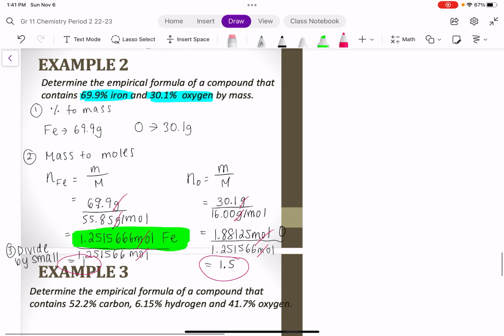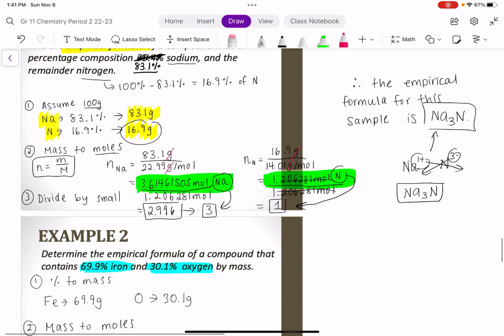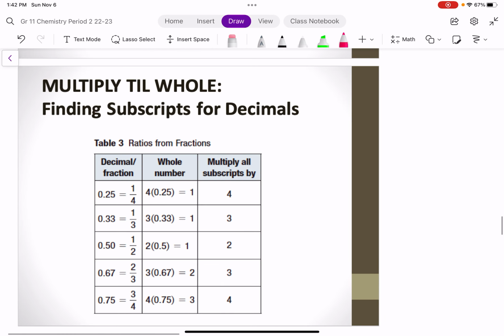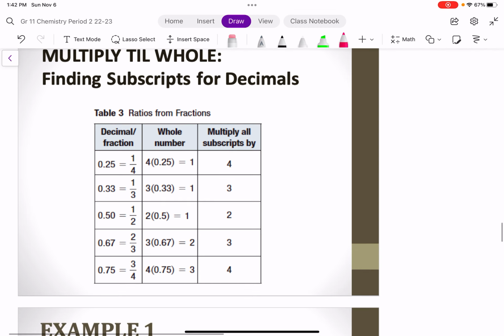So this is where that chart comes in. Notice how oxygen is 1.5. We can't round up or down because it's not close enough to a whole number value. So when we take a look at the fourth step, multiply till whole, if you have a decimal or a fraction that ends in 0.25 for your third step, you will multiply by 4 to get to the nearest whole number.